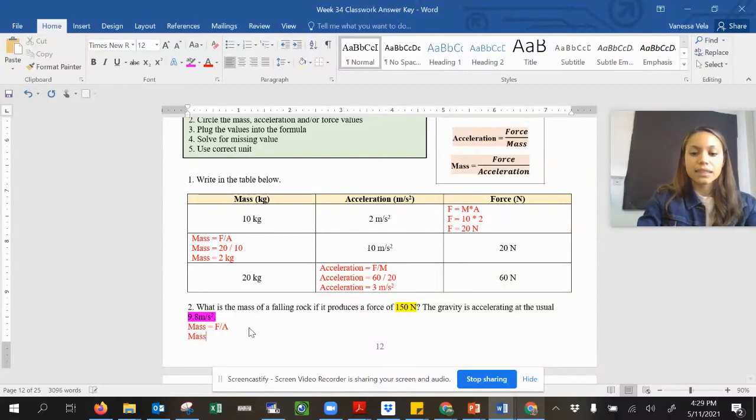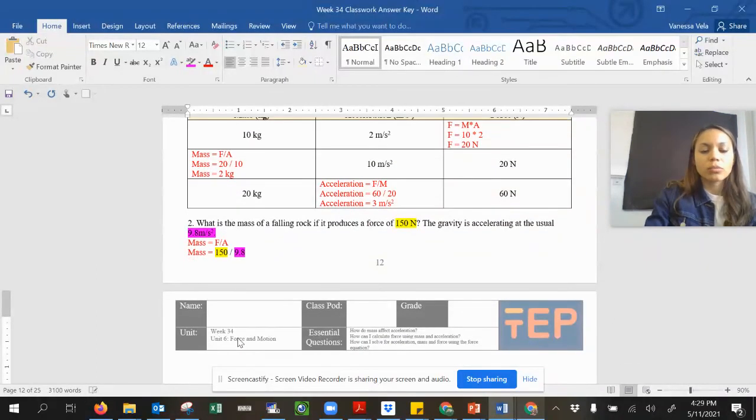We have the mass equals force value, which is 150 in my yellow. 150 divided by 9.8. Okay, and now go ahead and work that out.